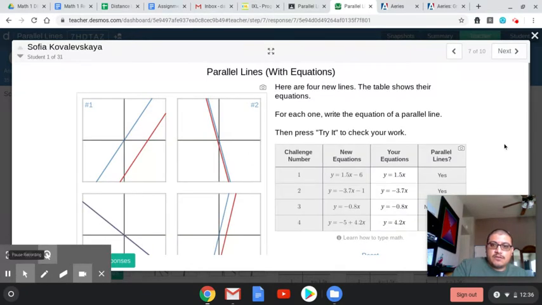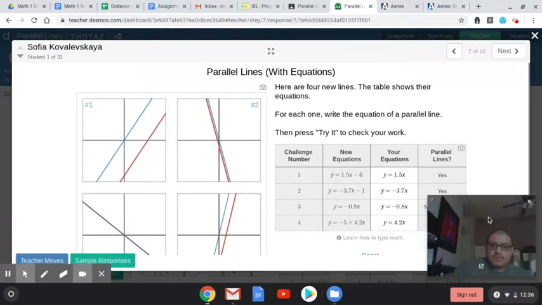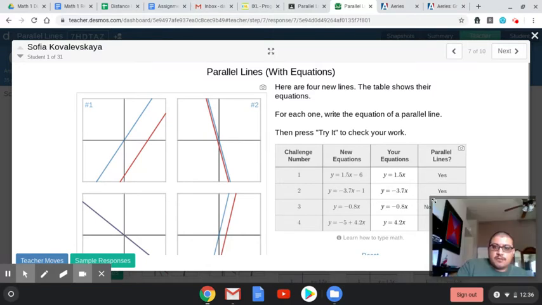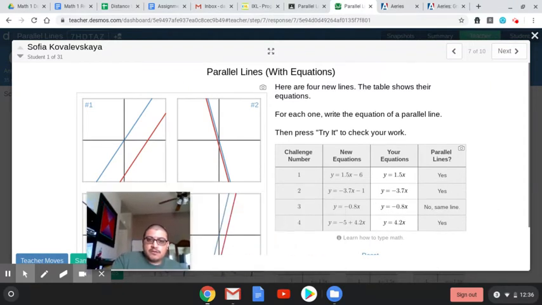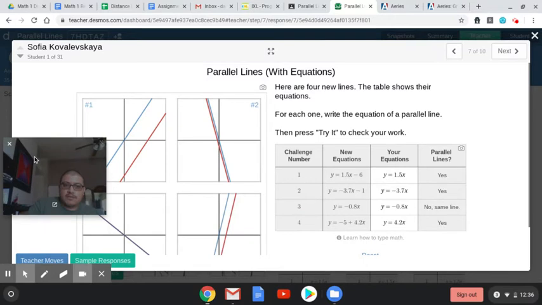Okay, so this student was able to get a few, this parallel, this parallel. Let me move this here. Can I move this out of the way? Okay, so now instead of the picture, I'm going to look at the equations.